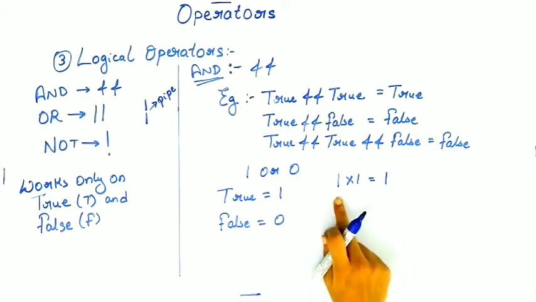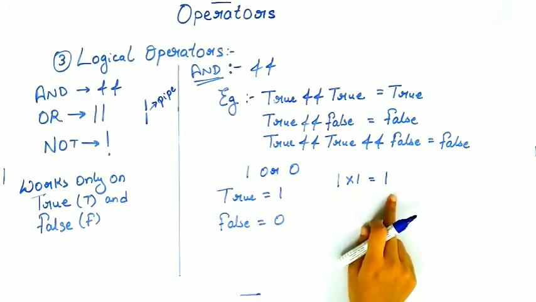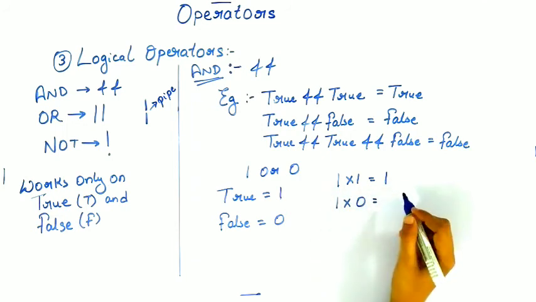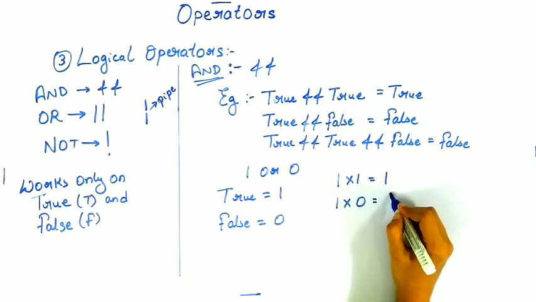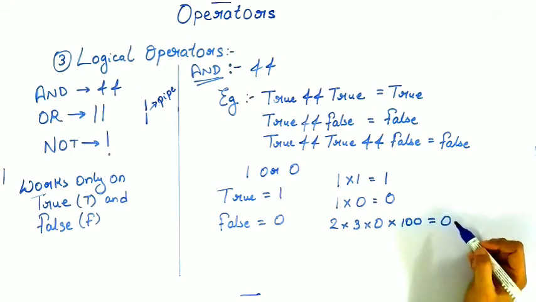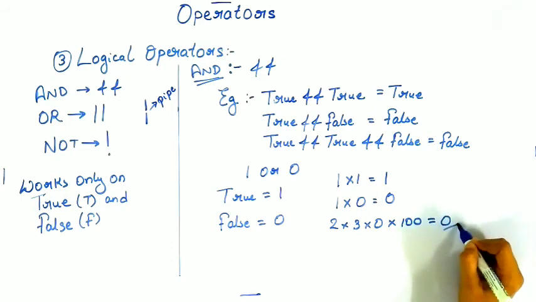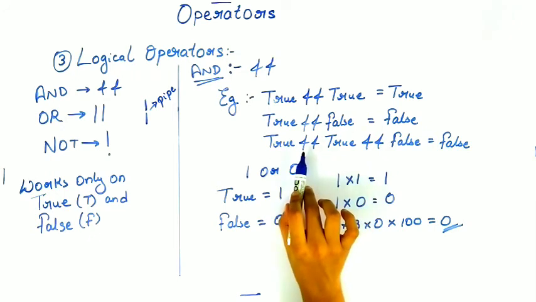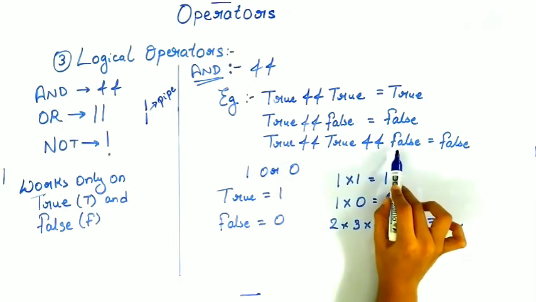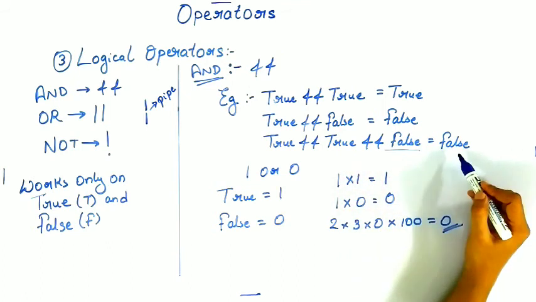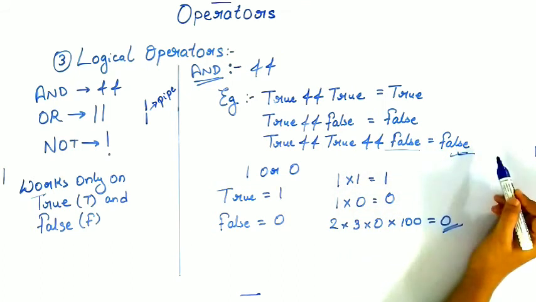Like if you multiply 1 and 1, you will always get a 1, but if you multiply 1 with 0, you will get only 0. Similarly, if you multiply 2 into 3 into 0 into 100, you will always get a 0 value. Similarly, in AND operators, if any one of the cases becomes false, the answer will always be false.